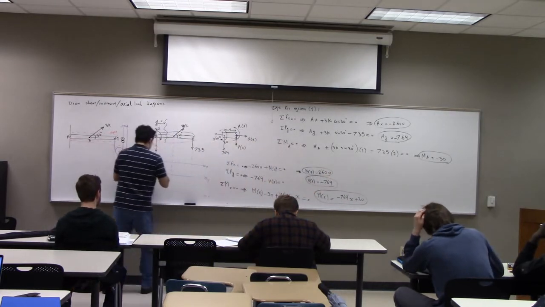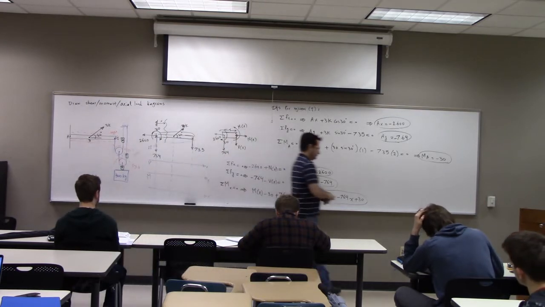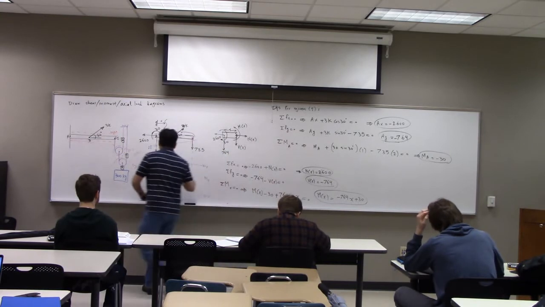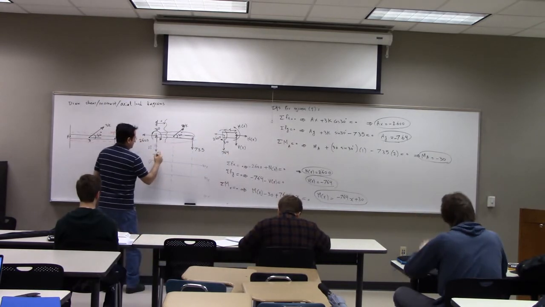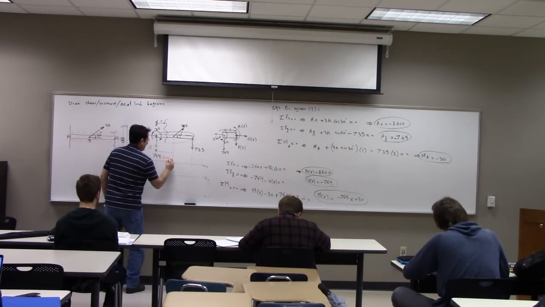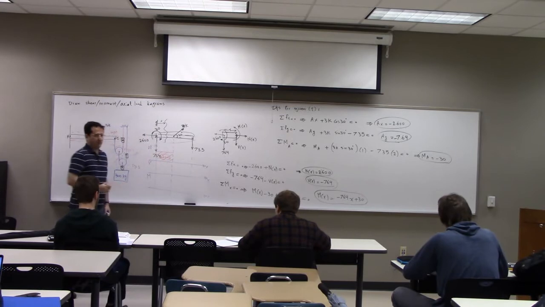Got it? What should I do from here to here? 7,600. That's positive. So you say 2,600 positive. You see it's positive, negative.